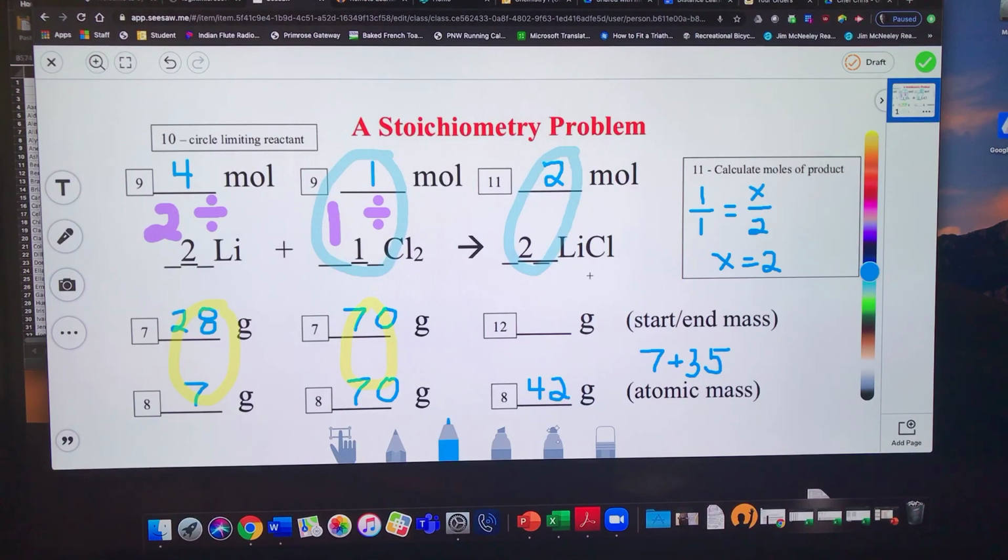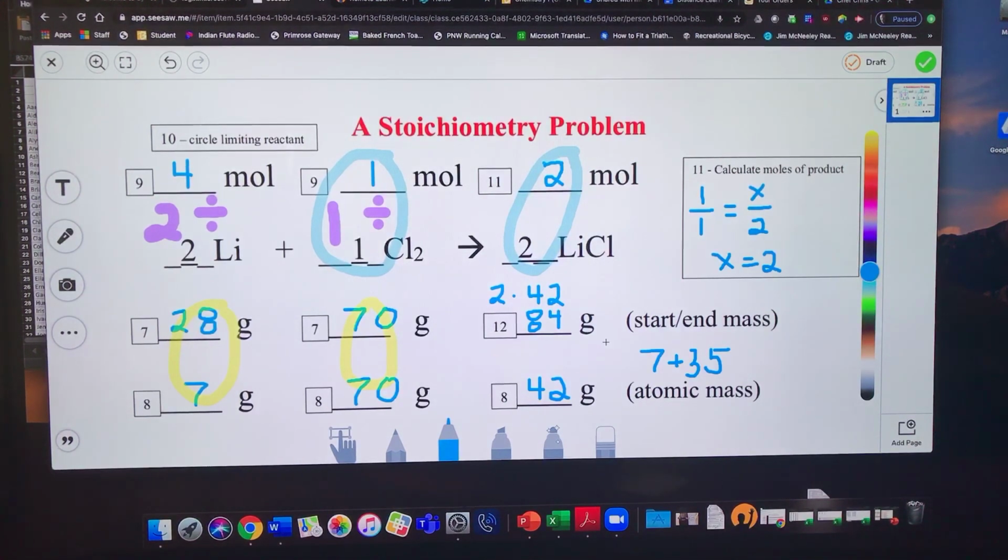All right, so all I'm going to do here is multiply 2 times 42. 2 times 42 is 84. So I'm going to write my final answer right there, 84. And that is all 12 steps, and that is your first stoichiometry problem.